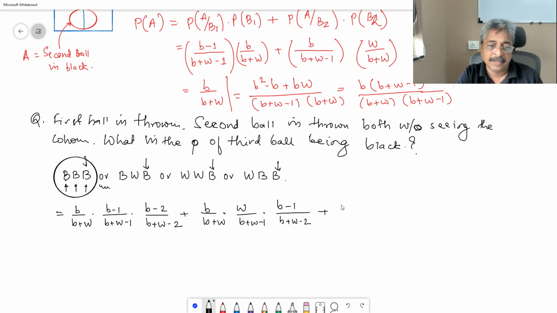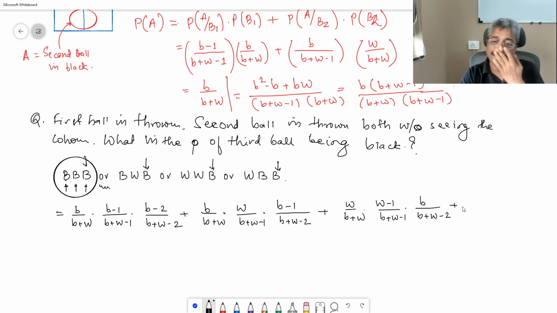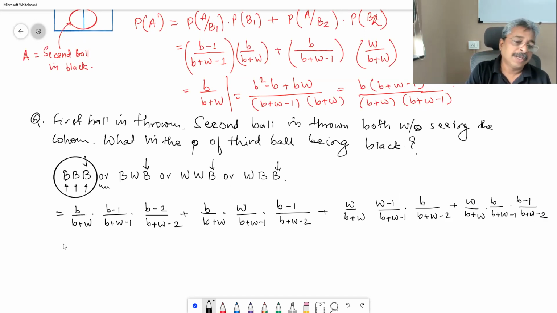Plus, similarly, first ball is white, W upon B plus W, second ball is white, W minus 1 upon B plus W minus 1, third ball is black, all black balls are there, B upon B plus W minus 2. Plus last one, W upon B plus W into B upon B plus W minus 1 into B minus 1 upon B plus W minus 2.